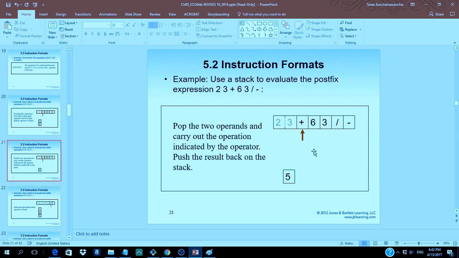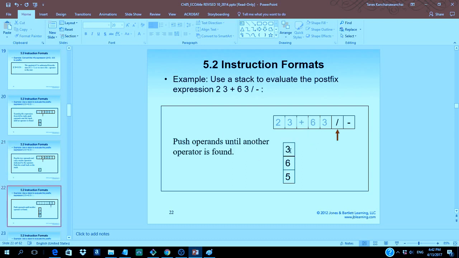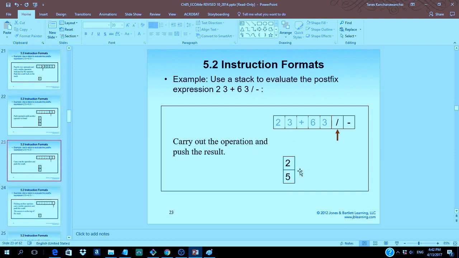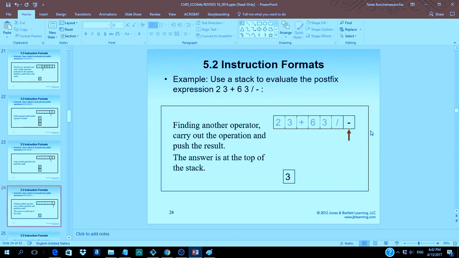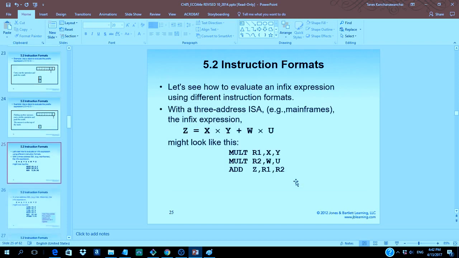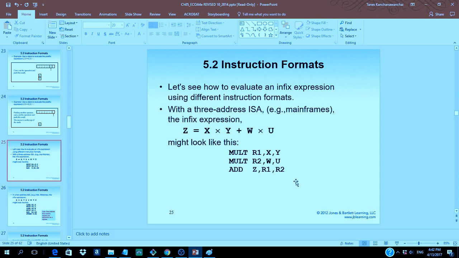Now we do 6 and 3: push them in, and pop them when we see the operator. 6 divided by 3 gives 2, and we push 2 in. Then we see another operator, subtract, and push the result. We get 3, which is the same architecture that we can do if we want to do stack operations.